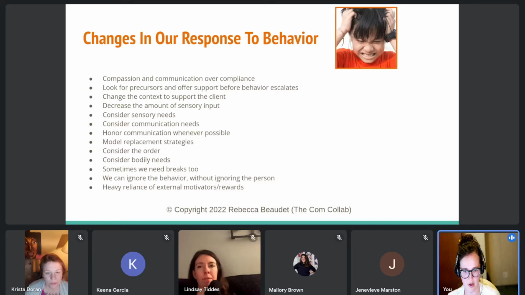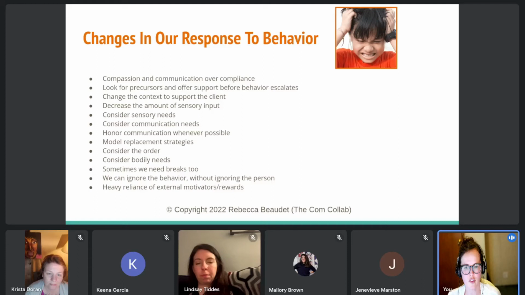We really need to let parents know how much they are advocates for their child and how they really do know their child best. So if a parent or a family says, I notice my child clench their fist right before they start crying and flopping to the floor, believe the family. They've seen it. Maybe we haven't. So that's a precursor we want to look at.